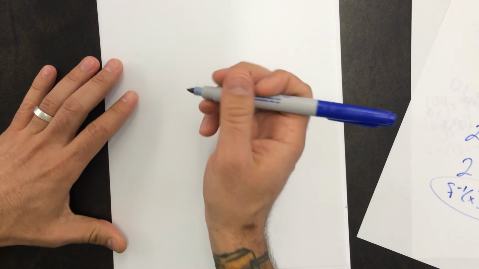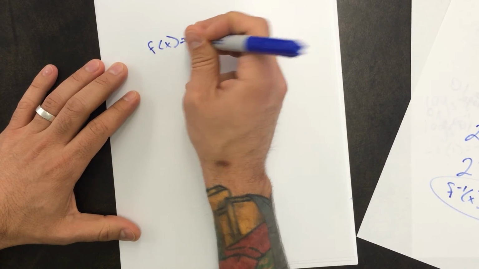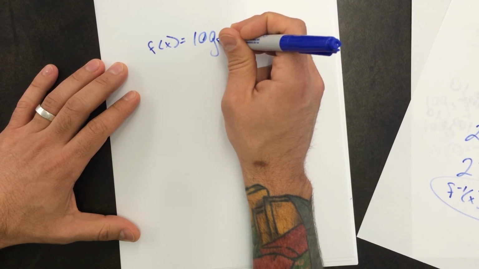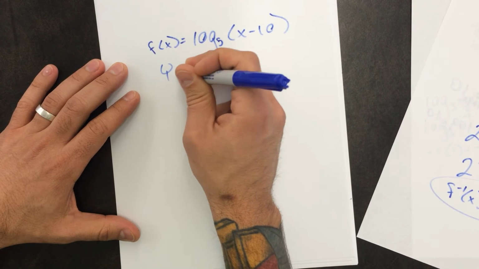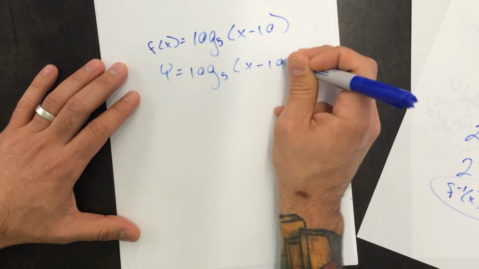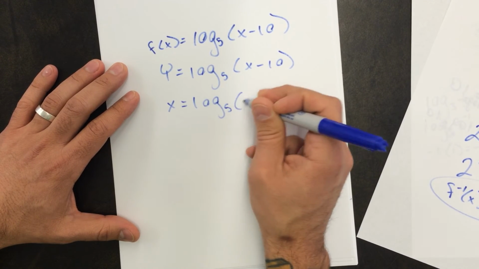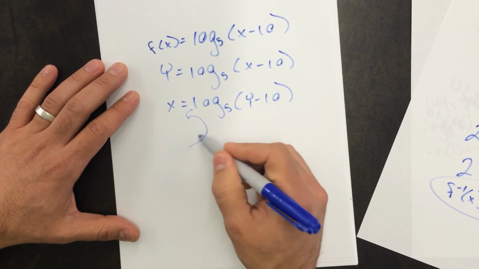Okay? So if I give you something like f of x equals log base 5 of x minus 10. First thing, you're going to change it to y. And then you're going to switch the x and the y. You want to get rid of this log, so you're going to put 5 to the power of.